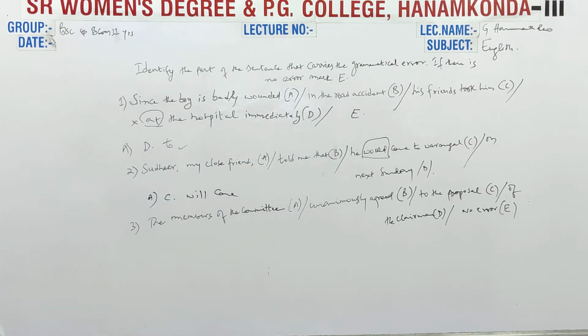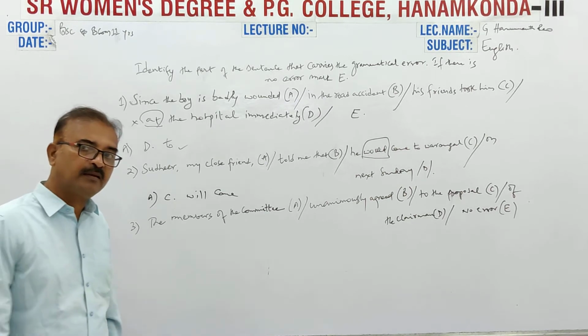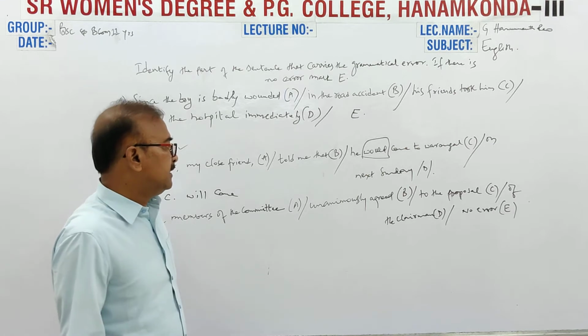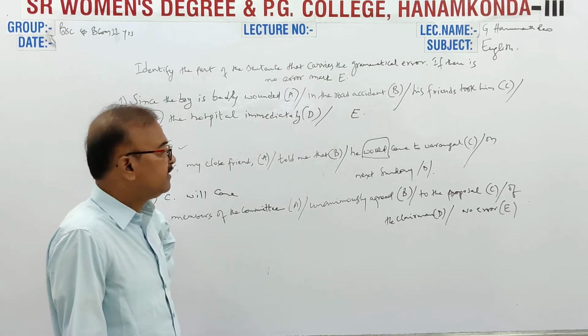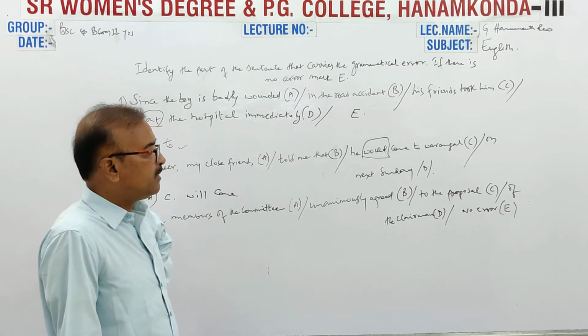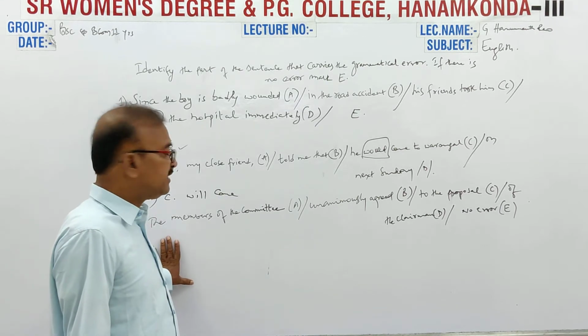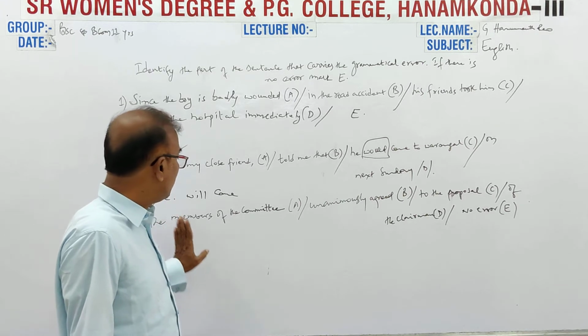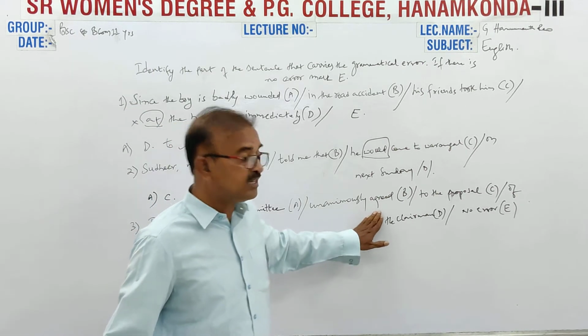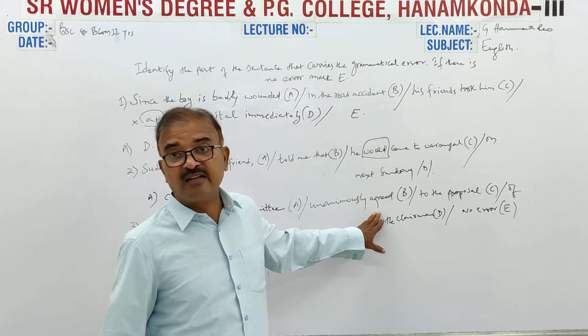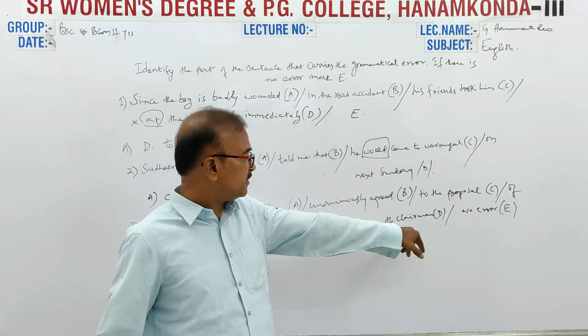The members of the committee, part A, unanimously agreed, part B, to the proposal, part C, of the chairman is part D, and no error is part E. And when we read the sentence carefully, once again, the members of the committee unanimously agreed, that means agreed all together in one voice to the proposal of the chairman.